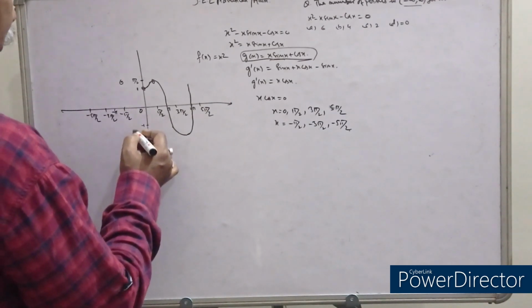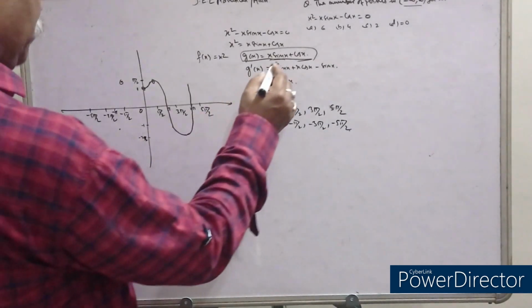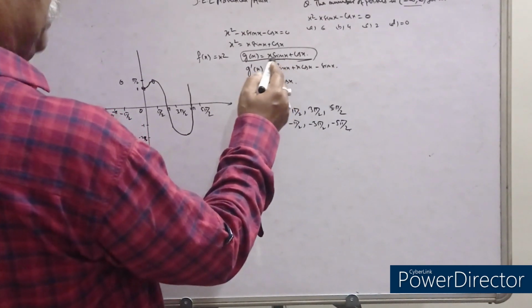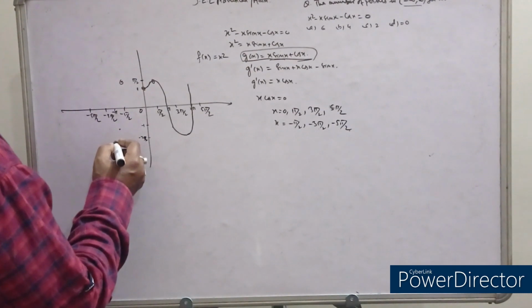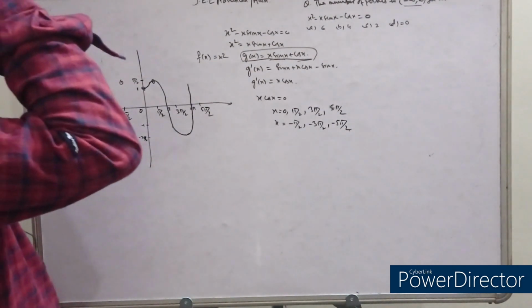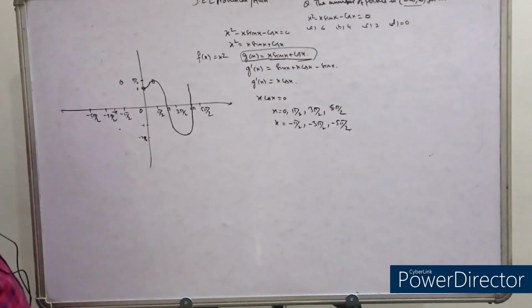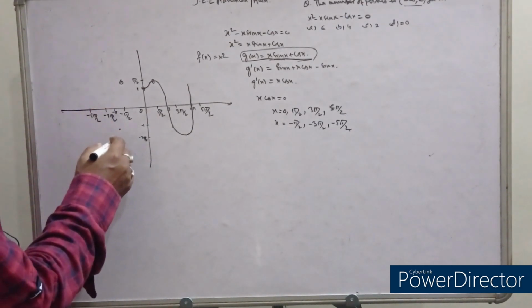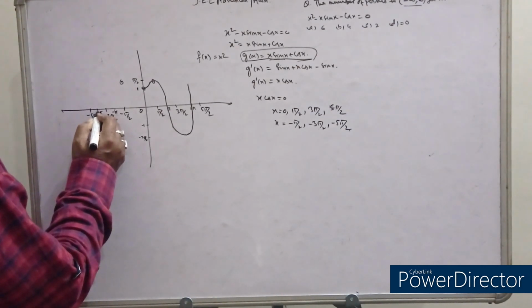So minus 1 somewhere, it will be somewhere like this. And again for minus 3 pi by 2, this will be 0, this will be minus 1, plus 3 pi by 2. So plus 3 pi by 2, here this will be again minus 1, and here this is 2 pi, minus 2 pi.